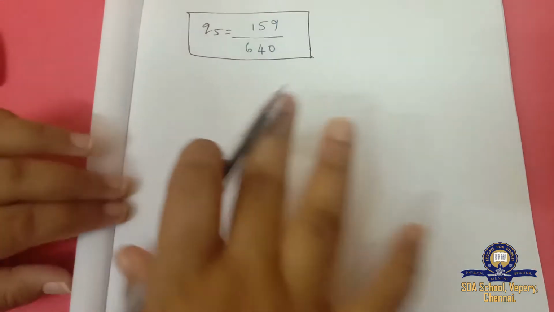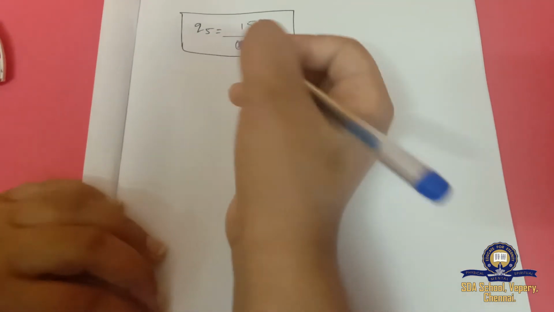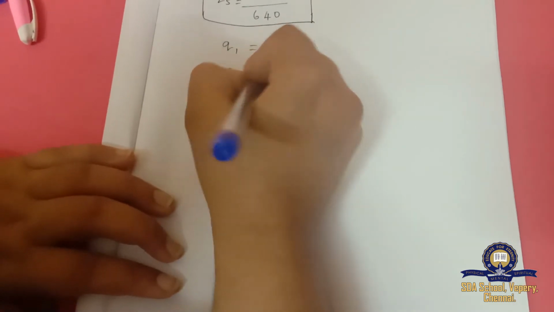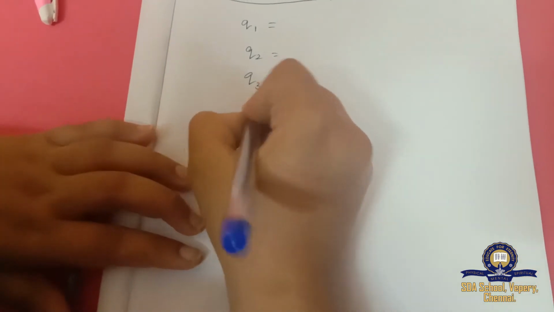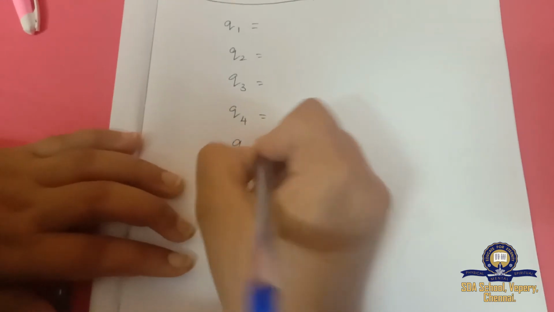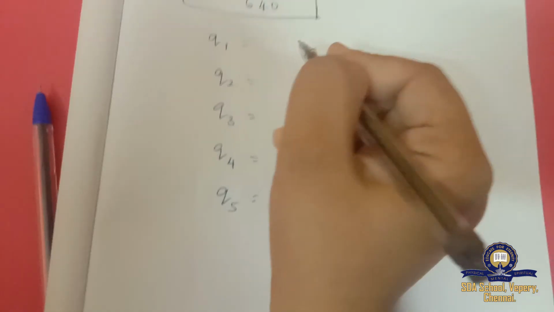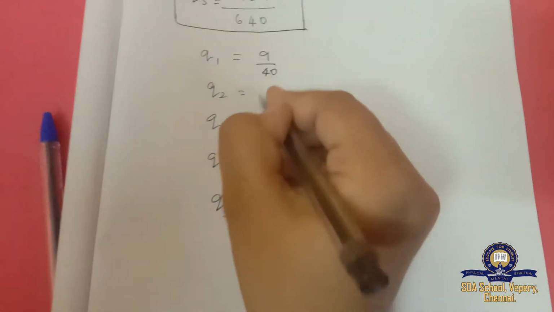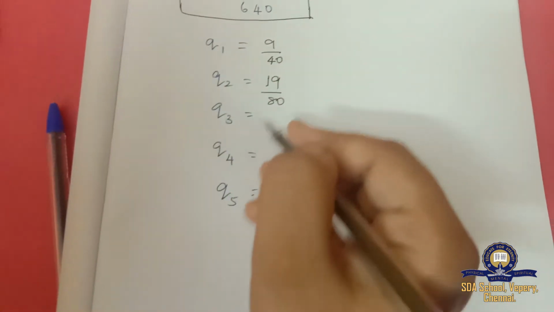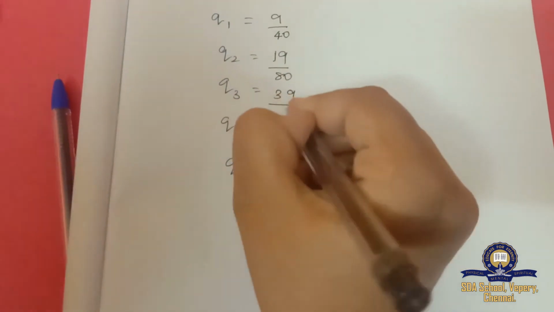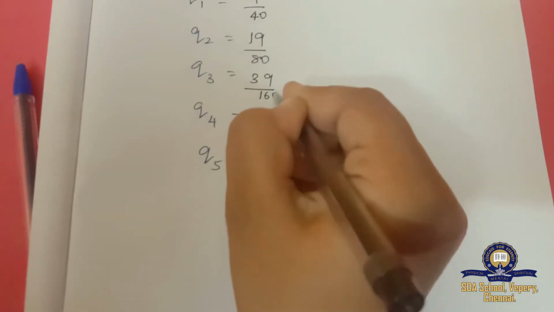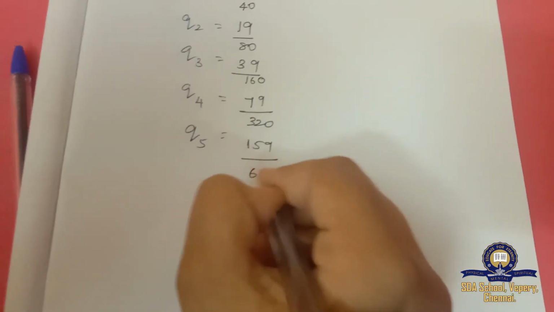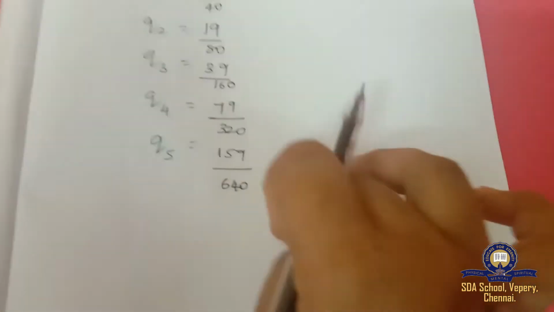So, we have found Q1, Q2, Q3, Q4 and Q5. Therefore, you have to write it down at the end: 9 by 40, then 19 by 80, then 39 by 160, 79 by 320, then 159 by 640. Hence, we have found all the 5 rational numbers.